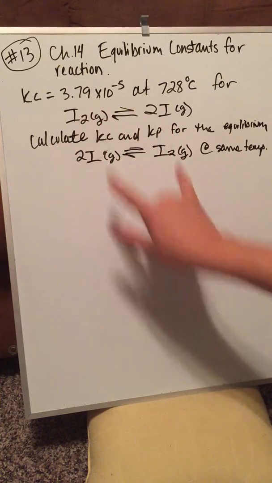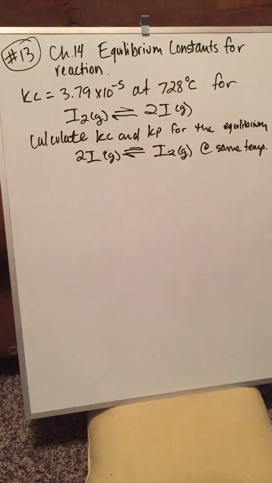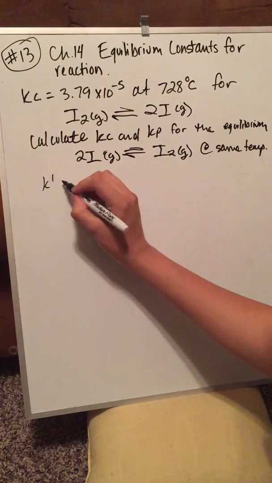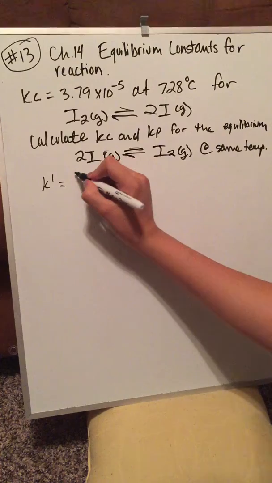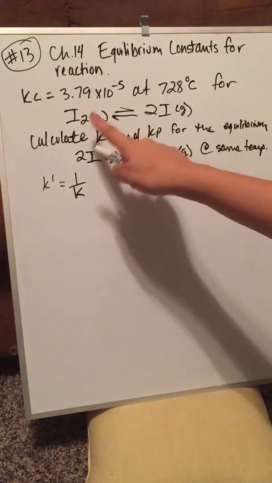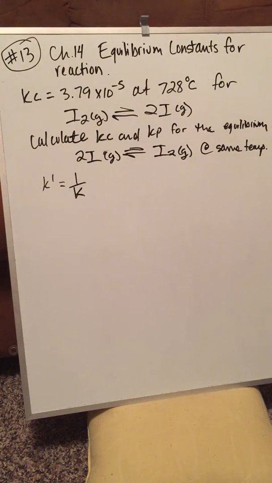Looking at these two reactions, we can see that it's a reverse reaction. So for a reverse reaction, we know that the constant for the reverse reaction is equal to 1 over K, the reciprocal of the given constant.